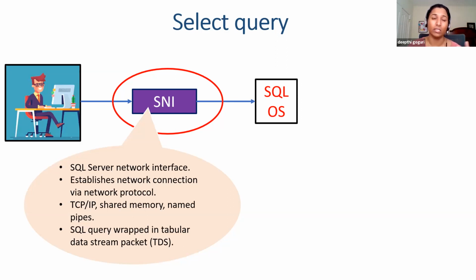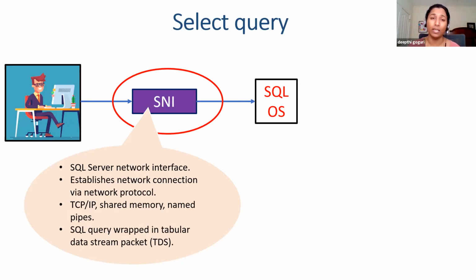So our client is our user here. So the SNI will use an internet protocol to establish this connection. No matter what kind of protocol it uses, like TCP/IP, named pipe, shared memory, the process will remain the same.